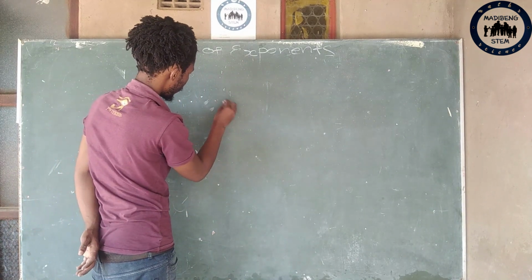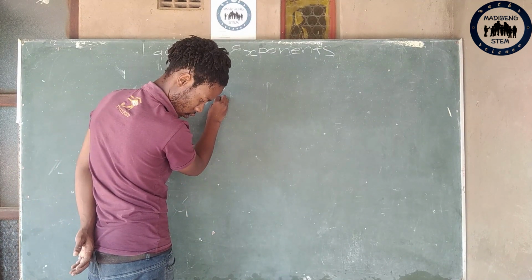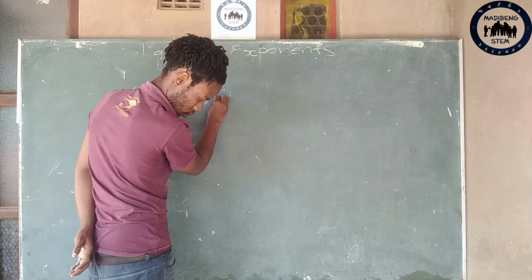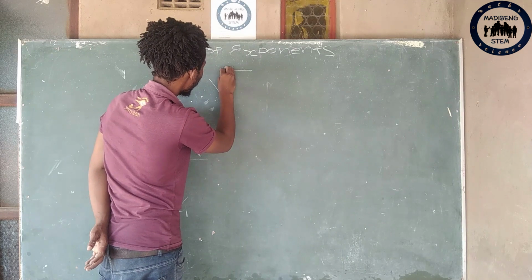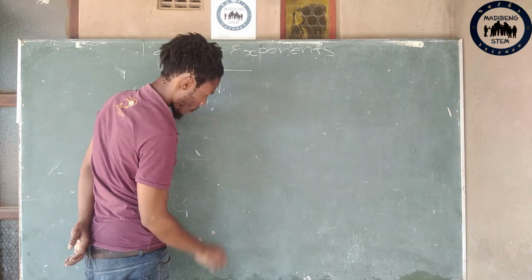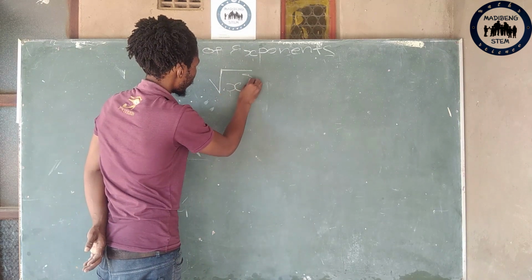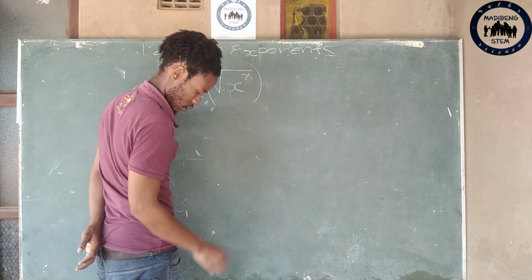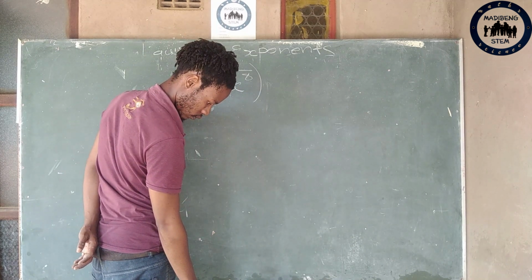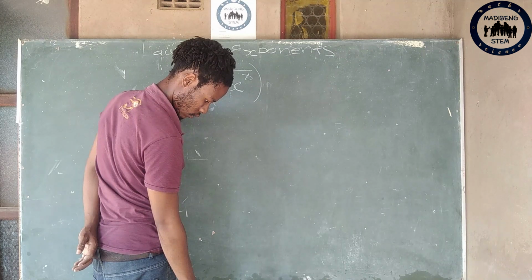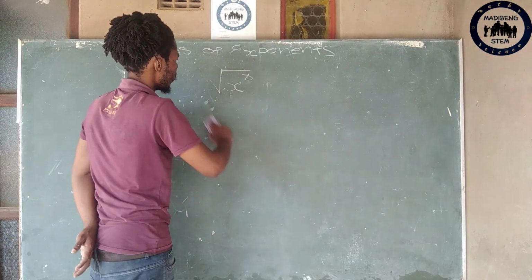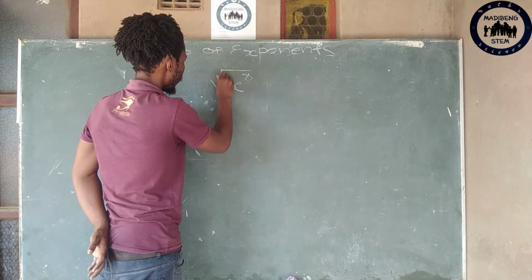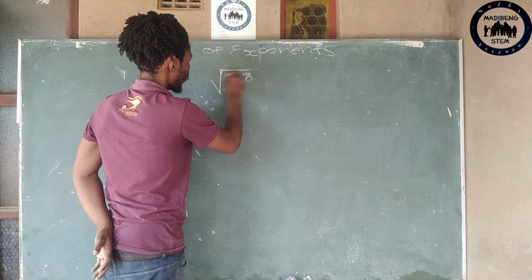What if we have the square root of x to the power of 8? It's like this one. How do you simplify this? To the power of 8.